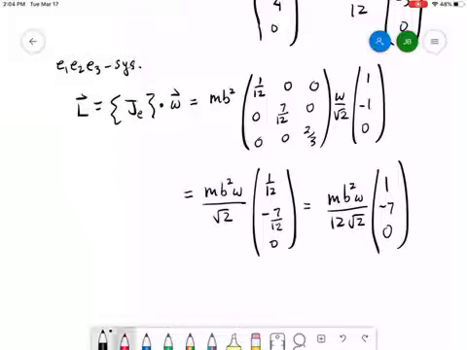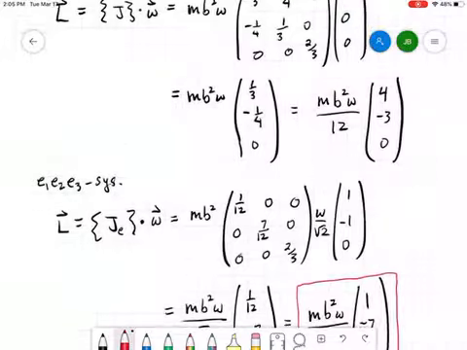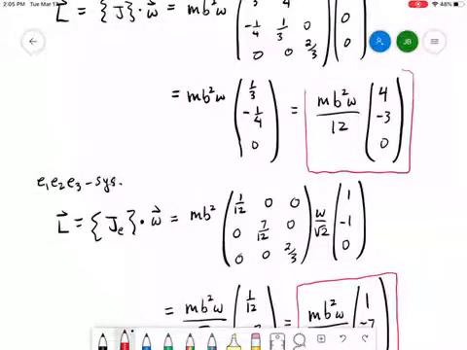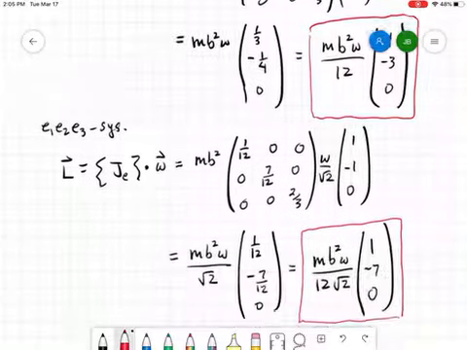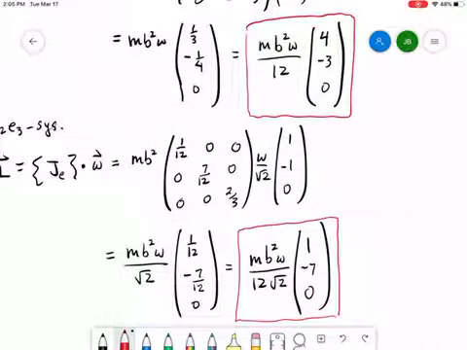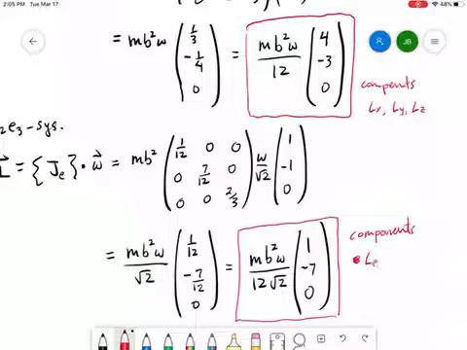Okay, so we have two results for the angular momentum in the two different coordinate systems. And if you look at them, they look different. But remember, this is in terms of components Lx, Ly, and Lz, and this is in terms of components, let's say, L E1, L E2, and L E3.